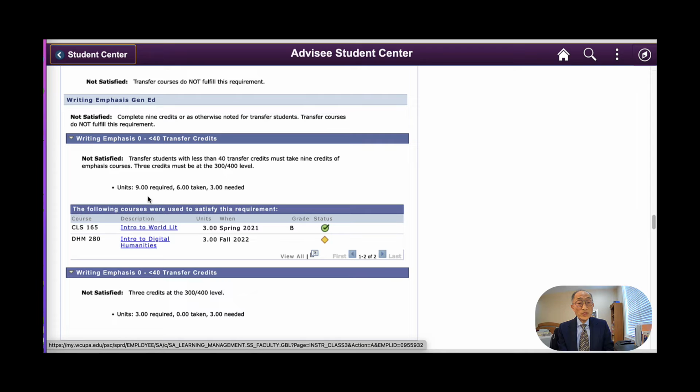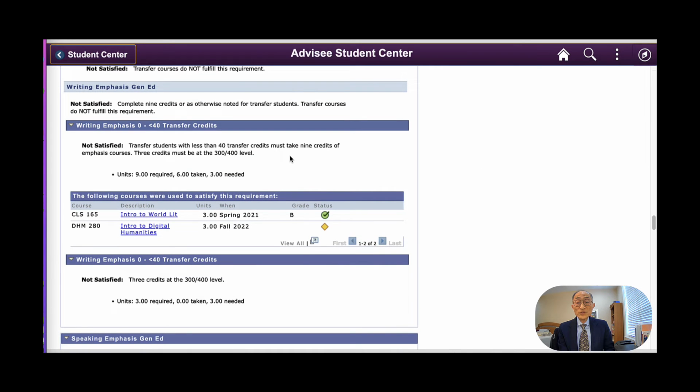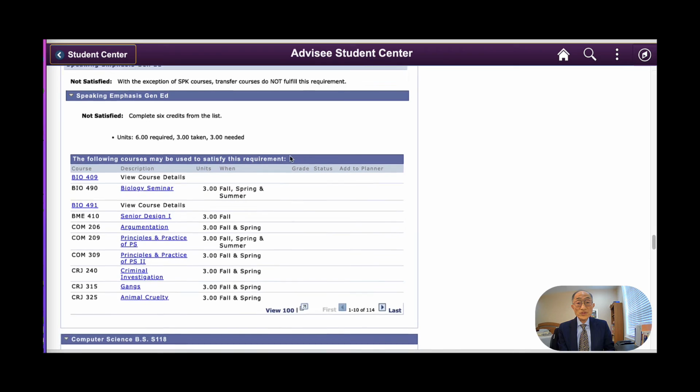You need 3 courses with 2 under this category and 1 under the last category. 1 out of these 3 has to be at the 300, 400 level, which is actually one of English 360A, 371.